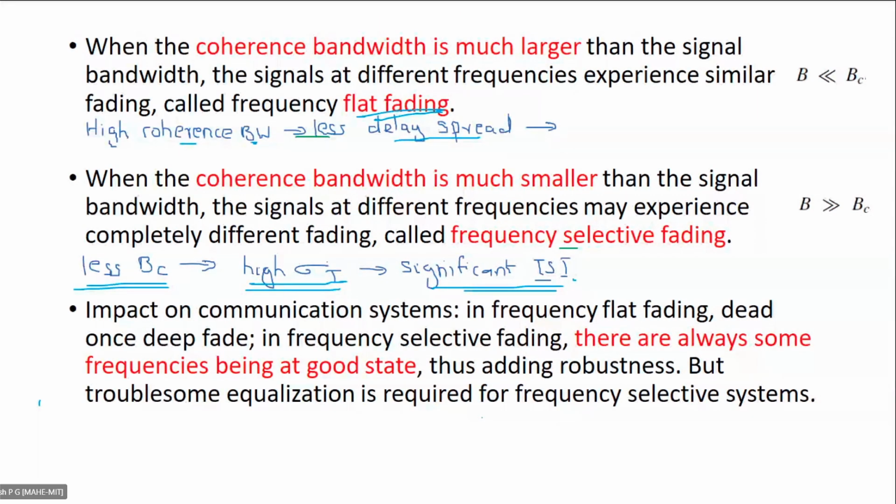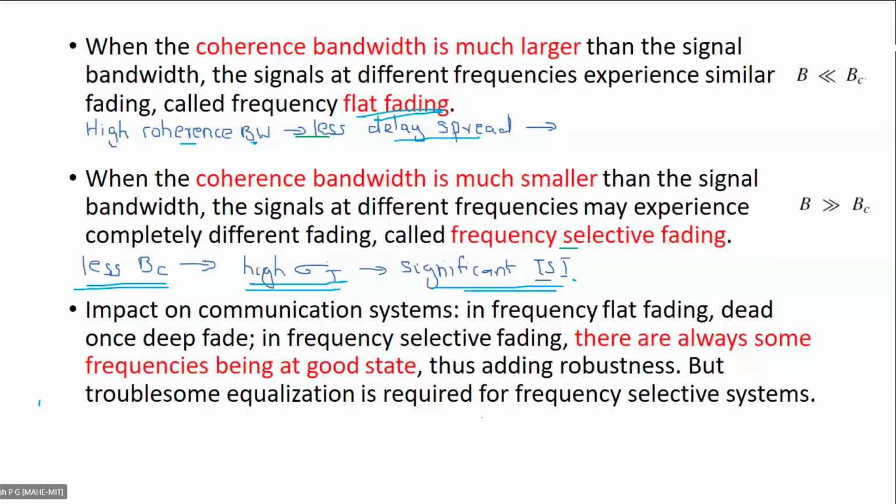Okay, now we'll come to the important findings, the conclusion, that is, what is flat fading and what is frequency selective fading. If the coherence bandwidth is high, then we call such a system a flat fading system.